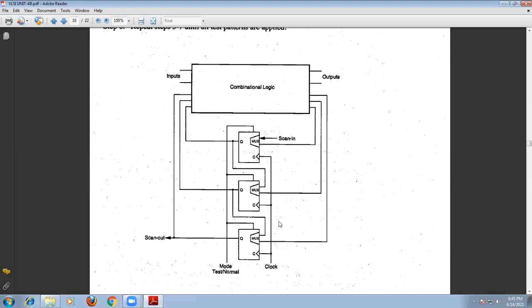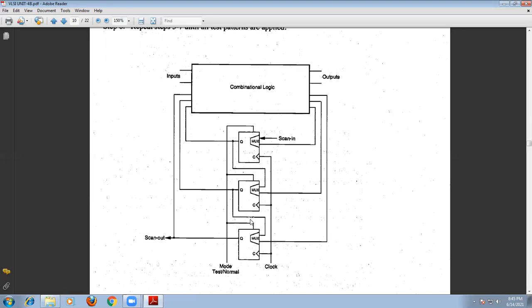That is, shift the data such that the desired state vector is entered into the shift register.